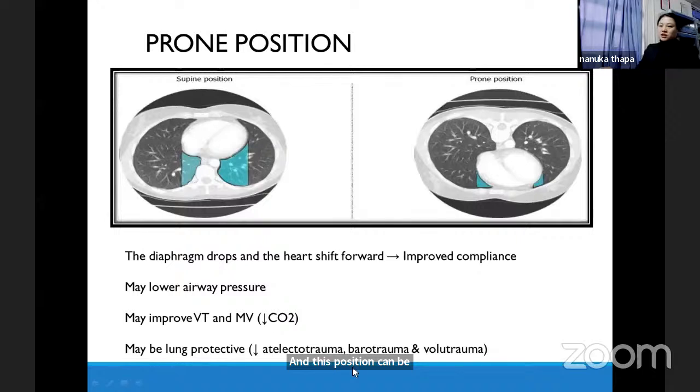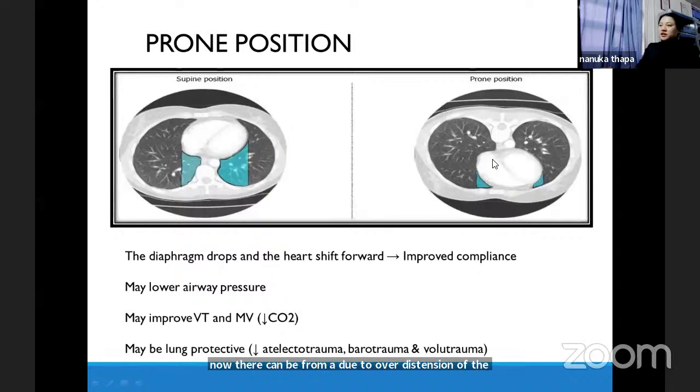Does it protect the lung? With the patient in supine position, there is so much compression on the dorsal region, and with mechanical ventilation there is over distension of the lungs in the ventral region. So there can be injury due to over distension of the alveoli.